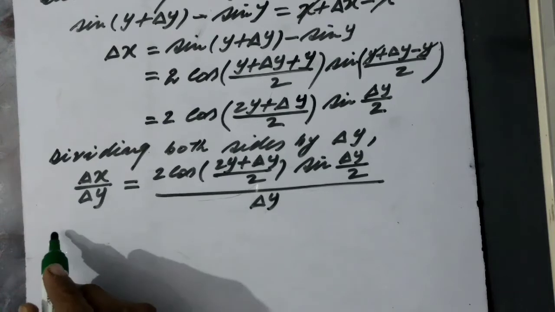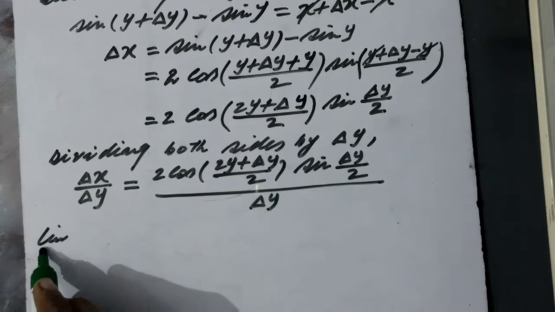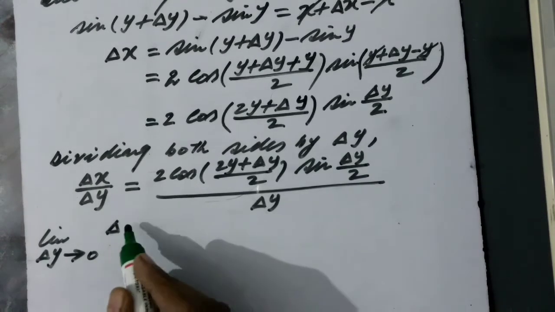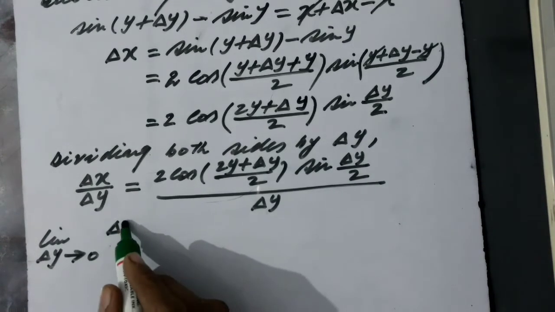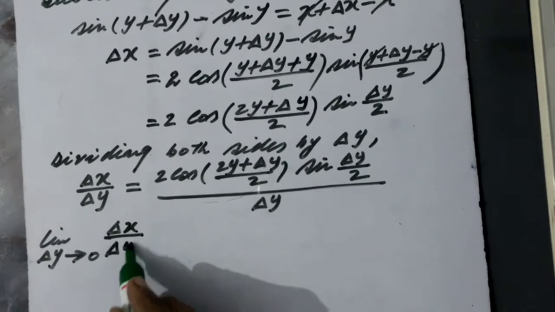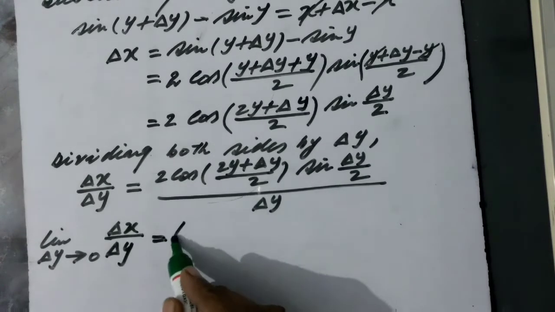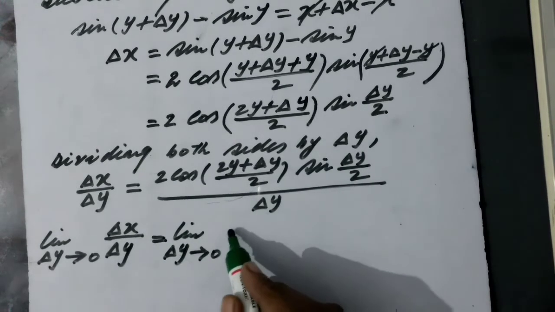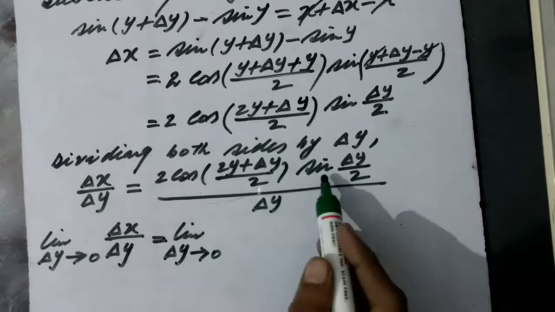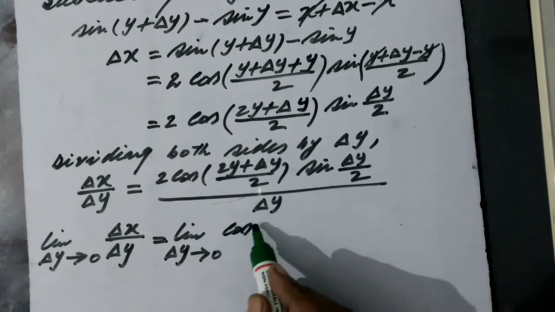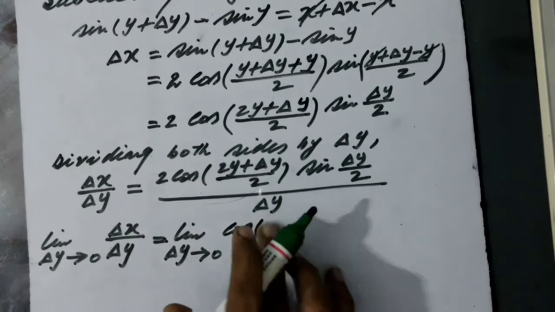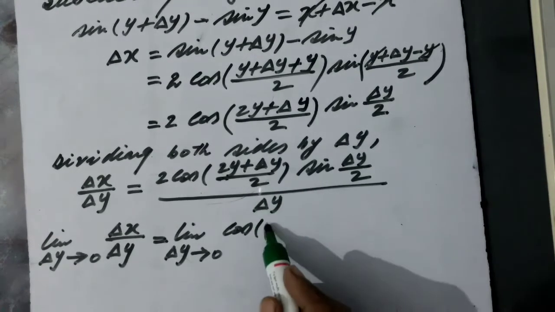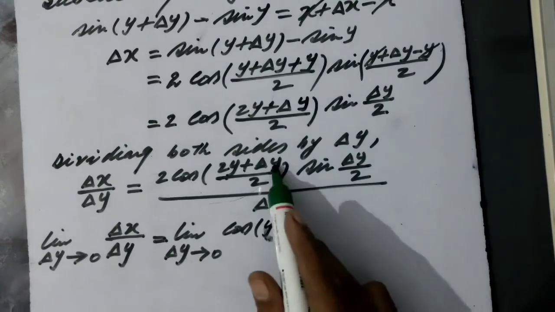Now taking limit delta y tends to 0 on both sides, we have limit delta y tends to 0 delta x over delta y is equal to limit delta y tends to 0, and this expression can be written as cos of 2y or we may split these two terms also. 2y divided by 2 is y simply, and plus delta y upon 2.